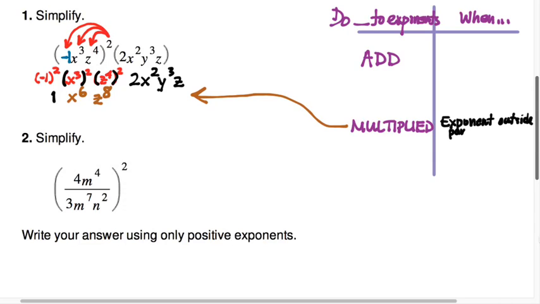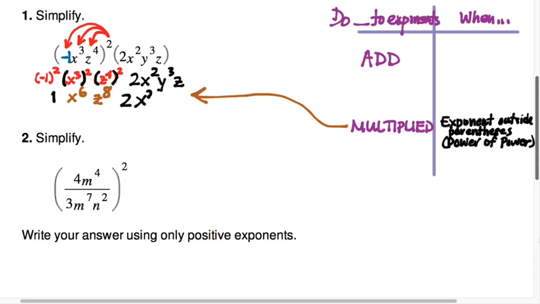Because what's really happening there is that we're raising a power to a power. So power of a power. When you raise a power to a power, the exponents multiply, which is why we end up with x to the 6th and z to the 8th at that stage.